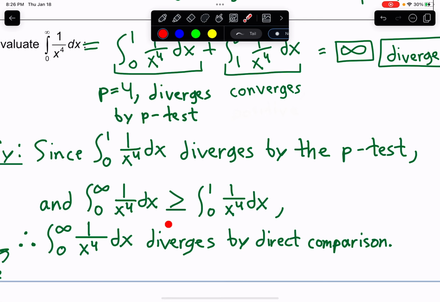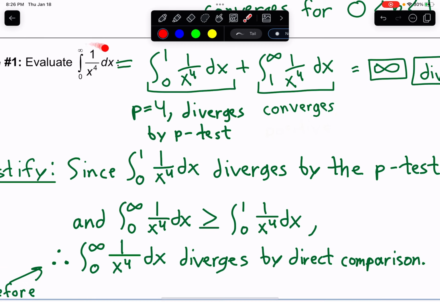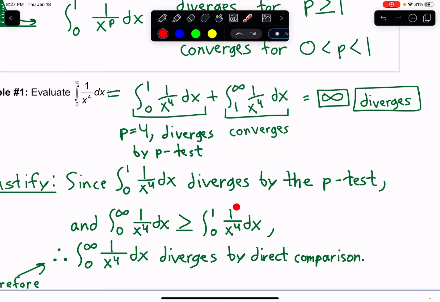And the integral that I am being asked to evaluate is larger than or equal to, in some values, an integral that I know diverges. So those are two things that I know for sure, because this is more area. I'm going past x equals 1, so this integral is definitely larger than the integral from 0 to 1, okay?